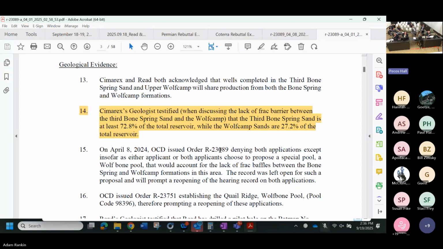In fact, they modified their finding to simply say that Cimarex's testimony was how that reservoir is allocated. My point is that his premise for his rebuttal exhibit is based on a misunderstanding of the procedural aspects of the record. I can leave it there and we can deal with it in closing, but that's the gist of it: the contention of what the record provides does not square with the witness's testimony.